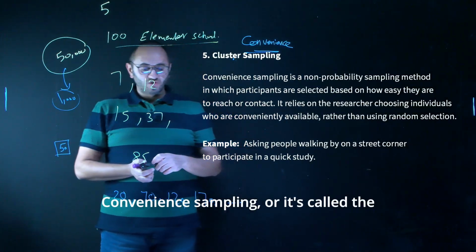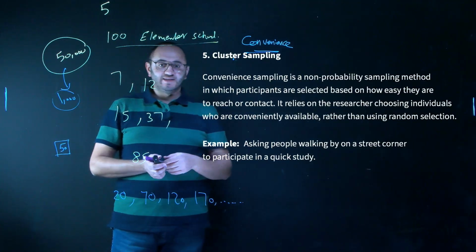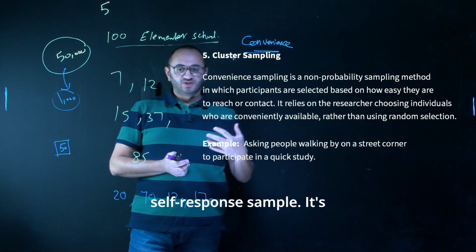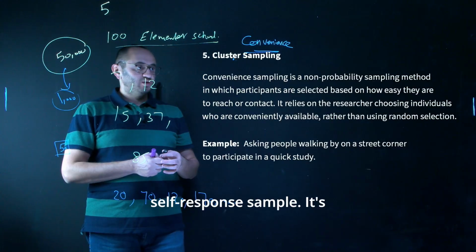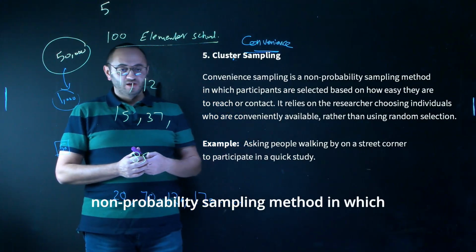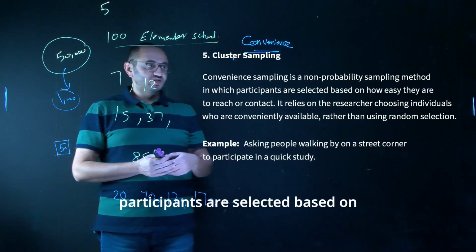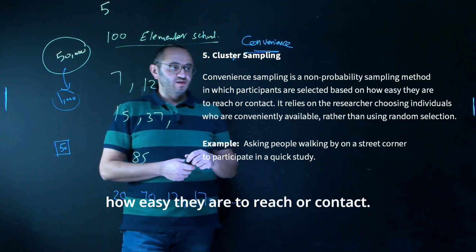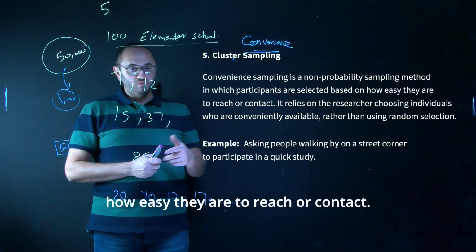Convenience sampling, or self-response sample, is a non-probability sampling method in which participants are selected based on how easy they are to reach or contact.